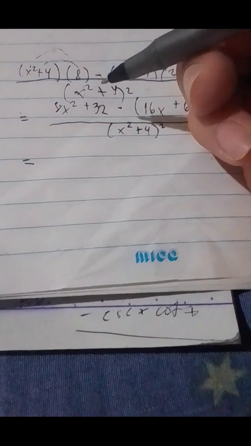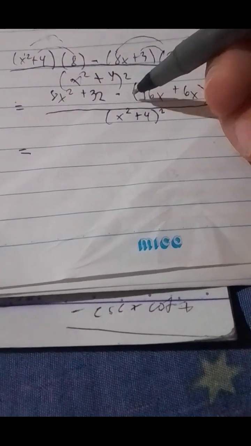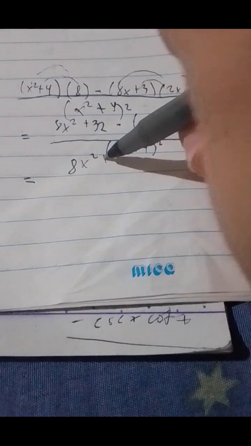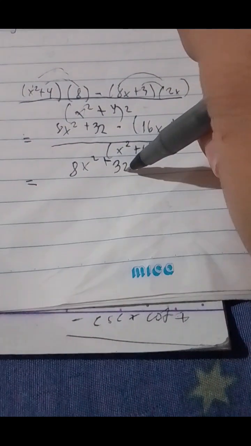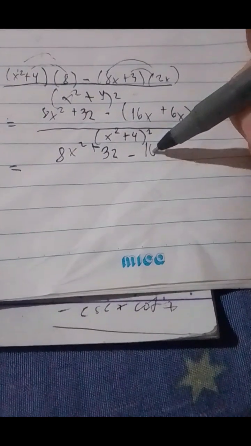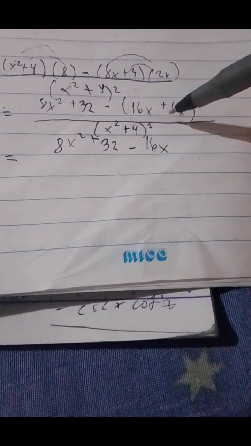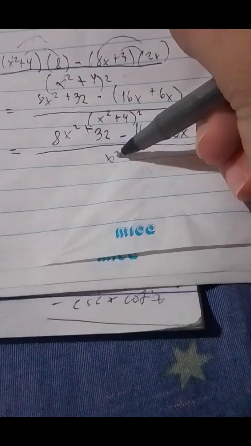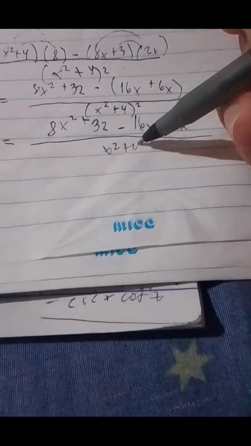Next, we have to distribute the negative across 8x squared plus 32, negative times positive equals negative 16x squared, negative times positive equals negative 6x, over the quantity x squared plus 4 squared.